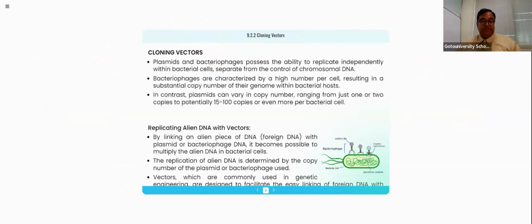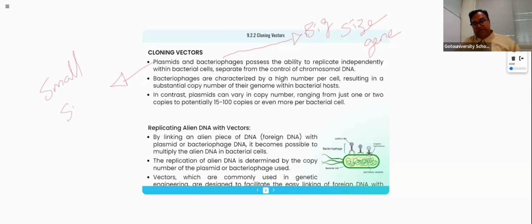Phage DNA can duplicate the big size gene. Again I'm saying, phage DNA can duplicate the big size gene. Plasmid DNA will duplicate the small size gene. These are the hidden sentences which are not given here.